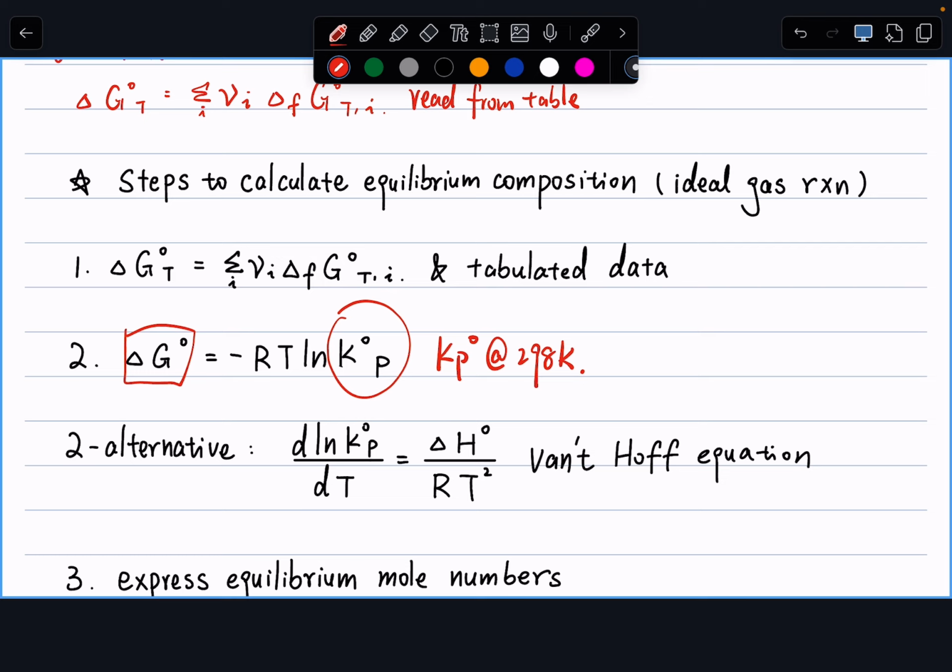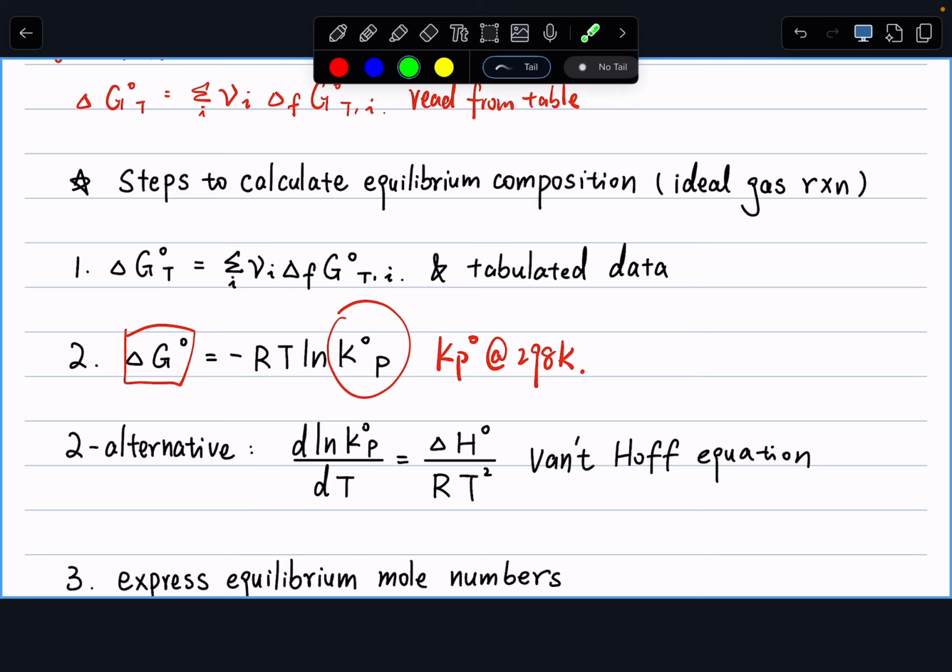From here, we have one more step to take into consideration, which is the temperature dependence of your equilibrium constant. That's what we did in our previous lecture through the derivation of the Van 't Hoff equation.